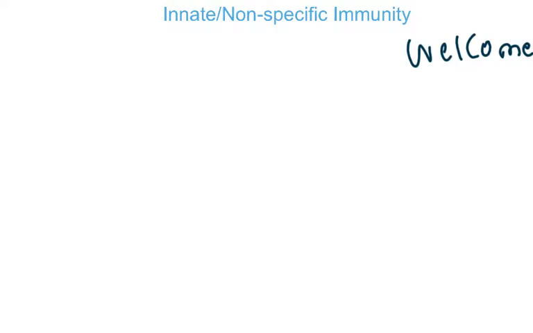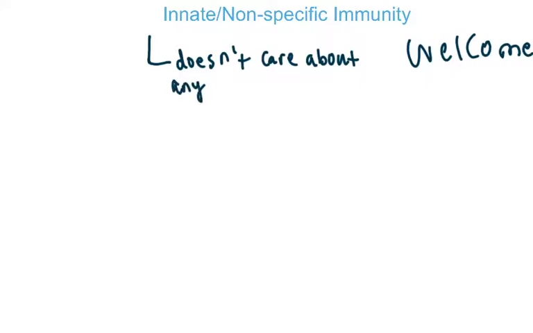So what I'm trying to say is that this part of the immune system doesn't care about any specific type of pathogen, doesn't care about any specific type of antigen.